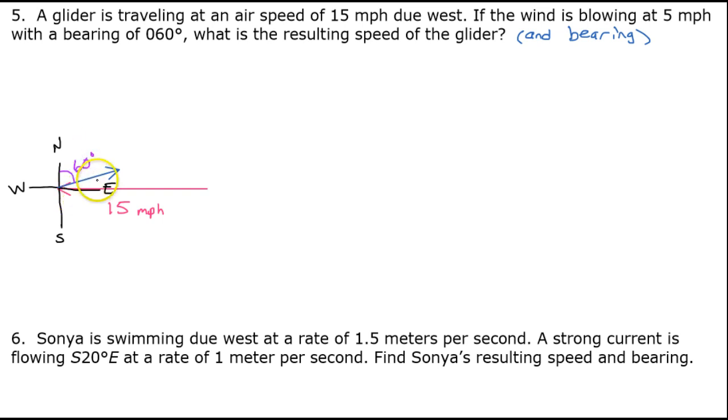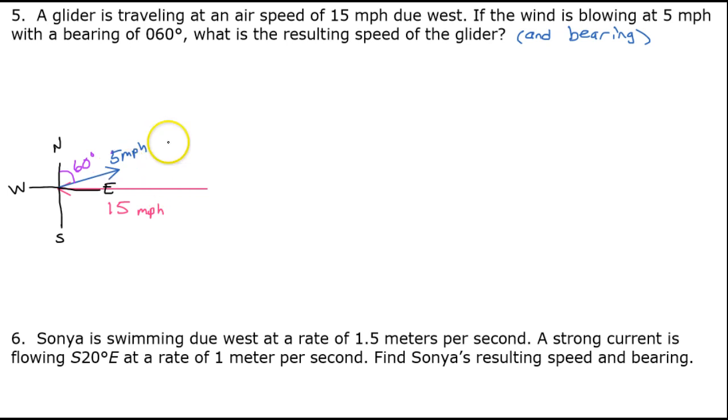That's the bearing. Okay, so fine, that's 60 degrees. The magnitude of the wind, the speed of the wind is 5 miles per hour. So let's label that as well. So 5 miles per hour.